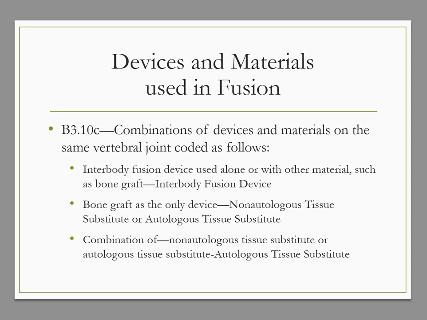When a combination of devices are used on the same vertebral joint, the device value is coded as such. First, if an interbody fusion device is used alone or with other material, such as a bone graft, we're going to code this to an interbody fusion device.